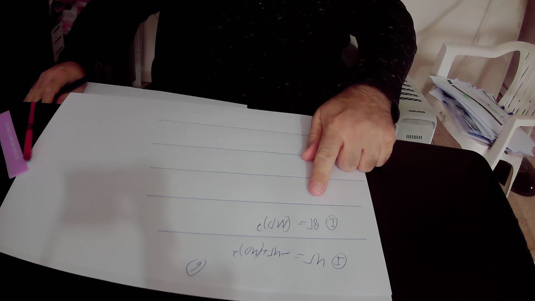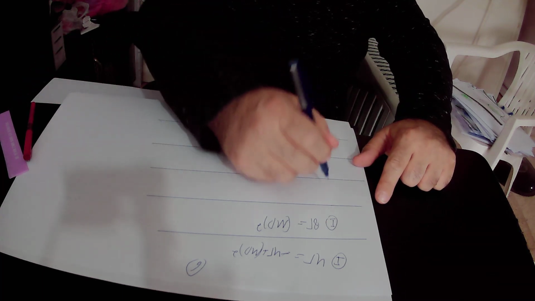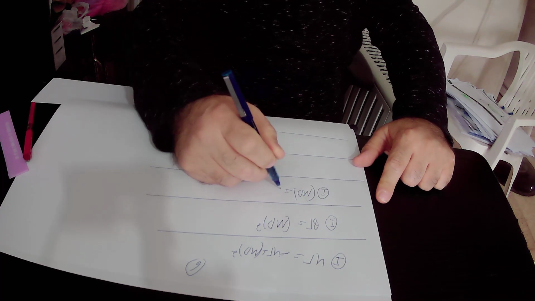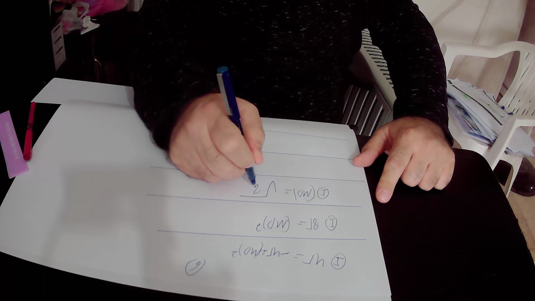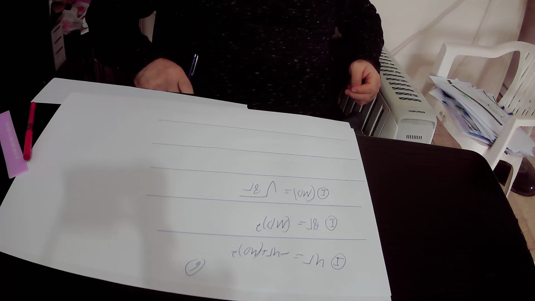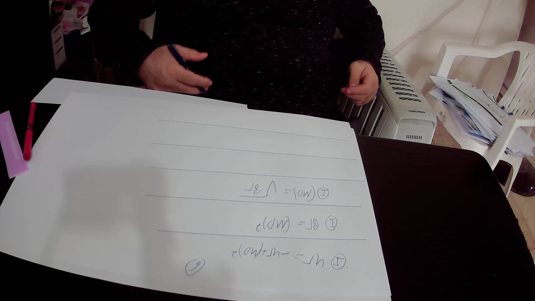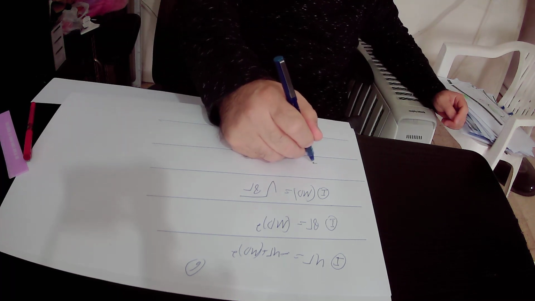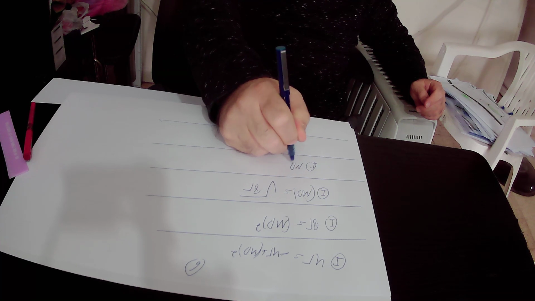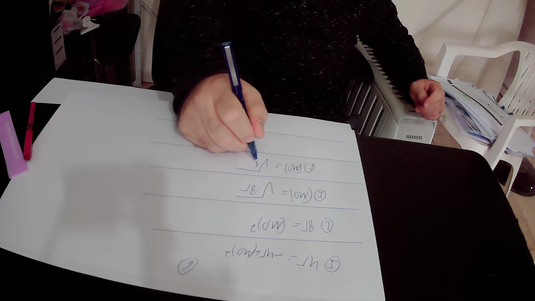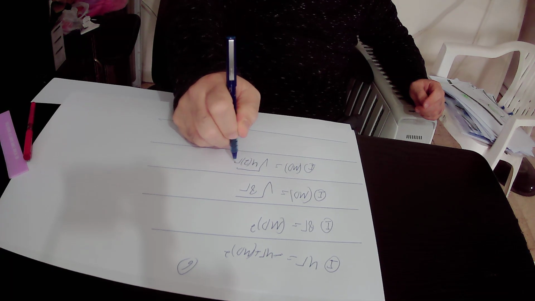Here we will take a root of equation number 1, and we will get that md equals the square root of 8r. We know that 8 is 4 times 2, so we will substitute 8 by 4 times 2 in this equation, and we will get that md equals the square root of 4 times 2 times r.